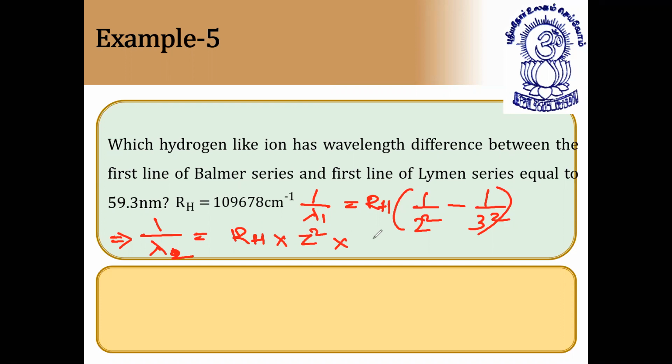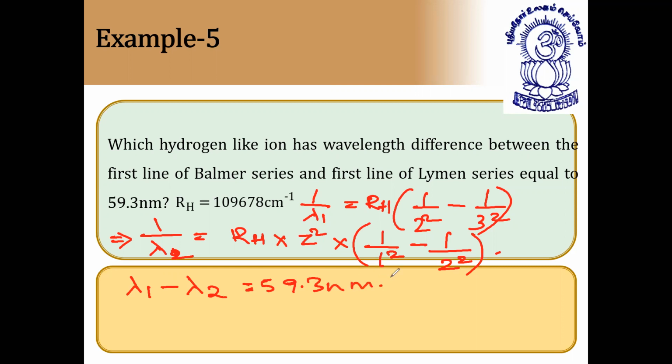Z square into bracket, 1 by 1 square minus 1 by 2 square, for the first line of Lyman series. So we can compare lambda 2 and lambda 1. Lambda 1 minus lambda 2 is equal to 59.3 nanometers, from the given data.